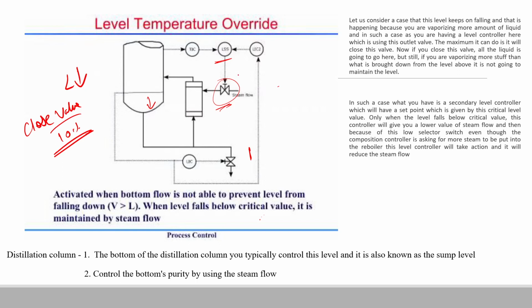That is, if we want to keep some quantity of flow above a certain critical limit, then we use this low selection switch. Similarly, we have this high selection switch, whereby if we had to maintain the flow rate above 500 meter cube per hour, let's say for example, then we use this high selection switch.